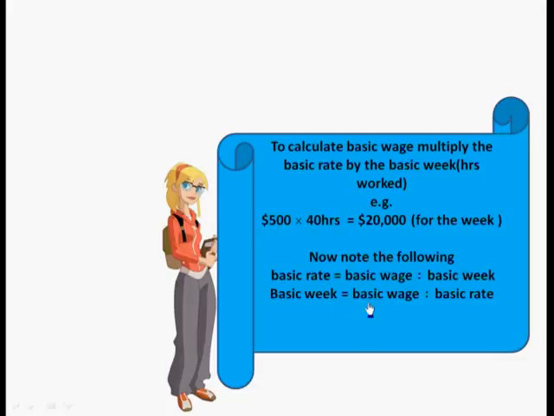If you are given once again the basic wage and you're asked to find the basic week, then you divide that basic wage, which is the $20,000, by the basic rate, which is the what? $500, and then you'd find the amount of hours worked, which is the basic week. That is simply that. Now you need to know these two especially because you'll be given a question which is based on these two.